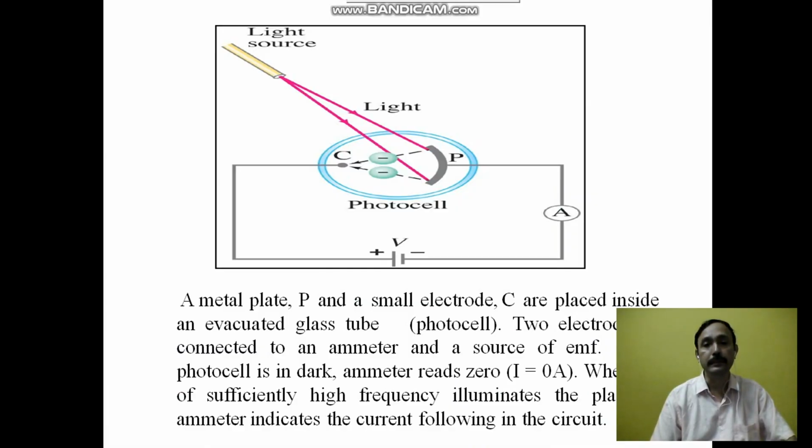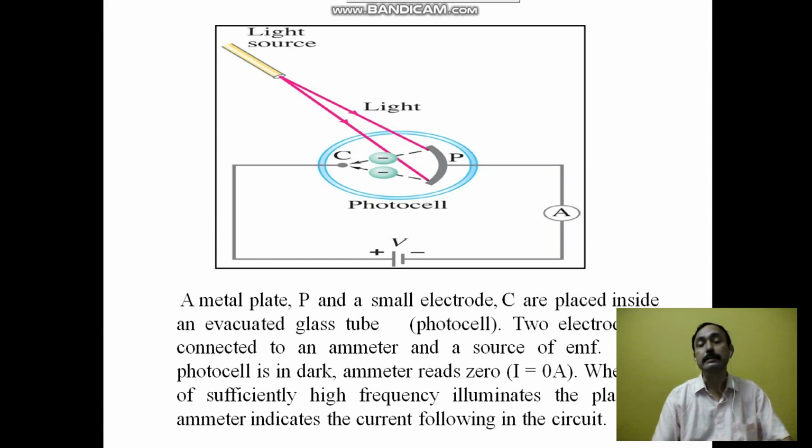A metal plate P and a small electrode C are placed inside an evacuated glass tube. This is known as a photocell. The two electrodes are connected to an ammeter and a source of EMF.